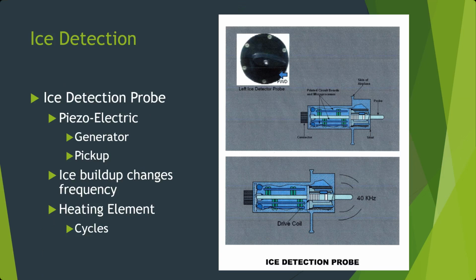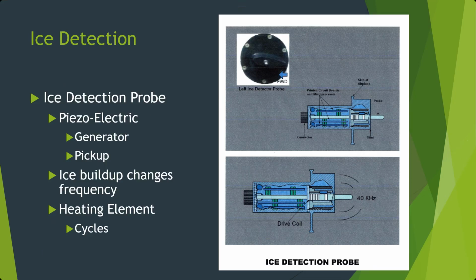As ice builds up on that probe, it will slow down the vibration, it'll damp it, and so you'll get a difference, a split between what the generator is trying to vibrate it at and what the pickup side is actually experiencing. That is how the aircraft knows that ice has built up: there's a frequency change in that little probe sticking out in the airstream.